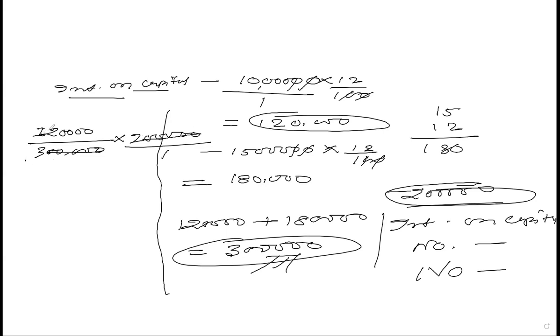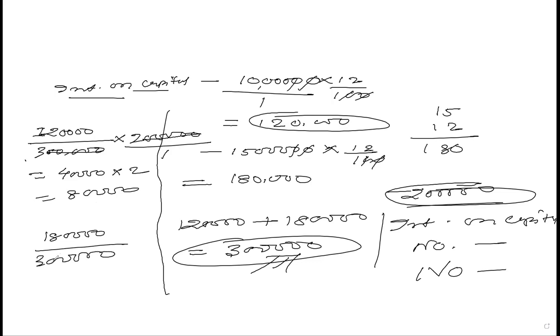Dividing by 3, that will be 40,000 into 2, so 80,000 rupees we are going to pay the first person. Second person: 1 lakh 80,000 out of 3 lakh into 2 lakh. Again, 5 zeros cut.